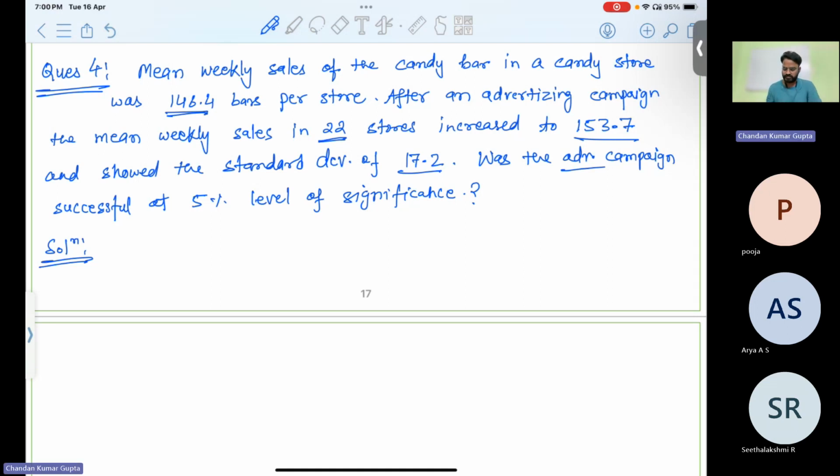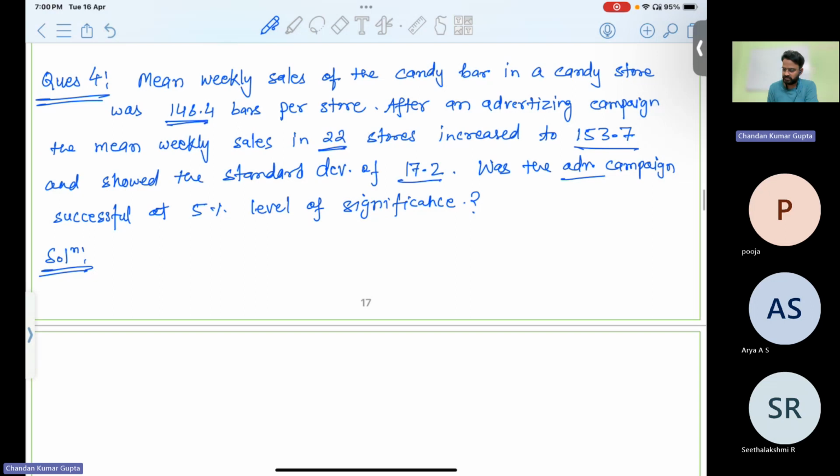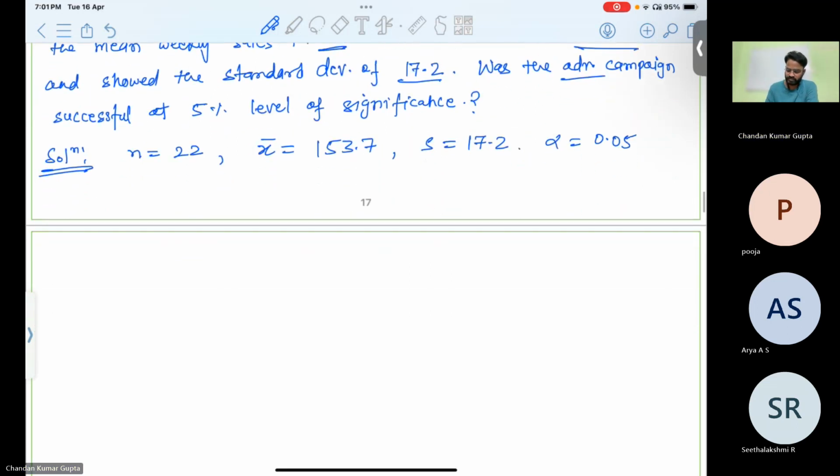So first, what we are given: 22 shops, n equal to 22. X bar is 153.7. The standard deviation is 17.2 and alpha is 0.05. These are given already in the question.